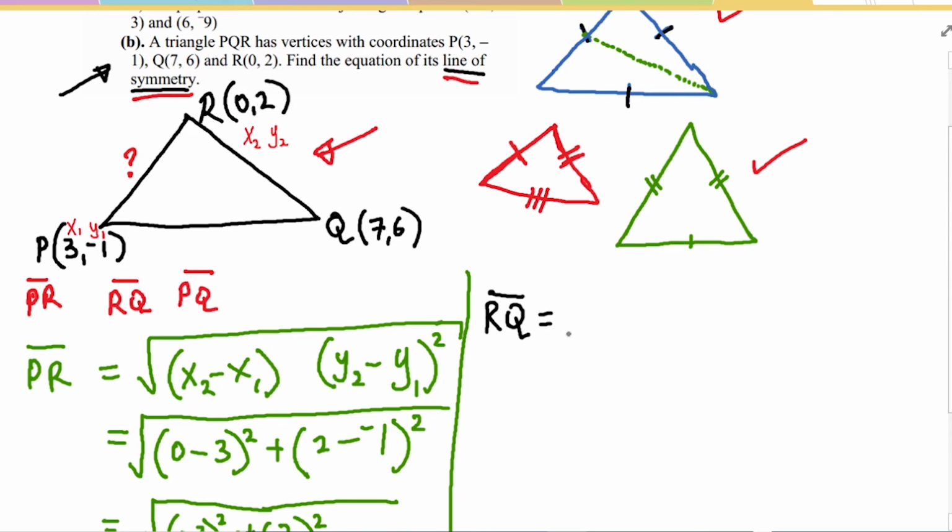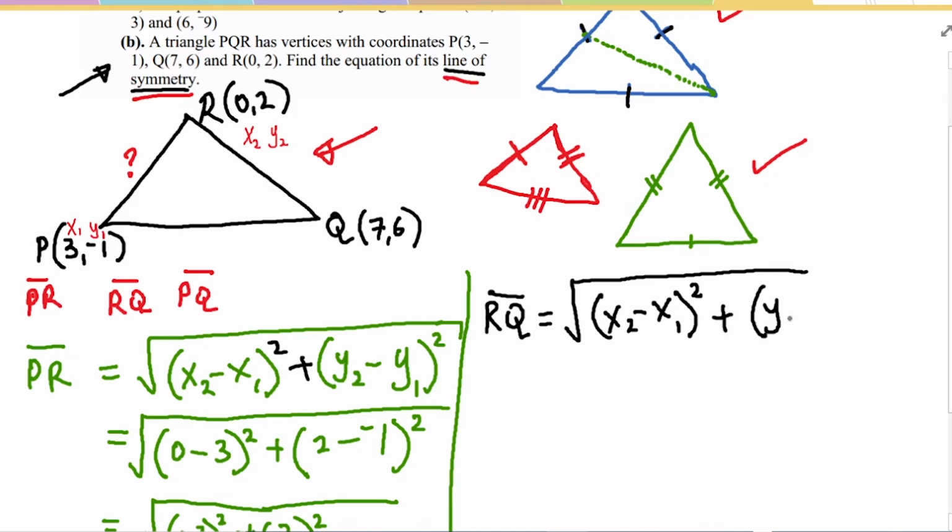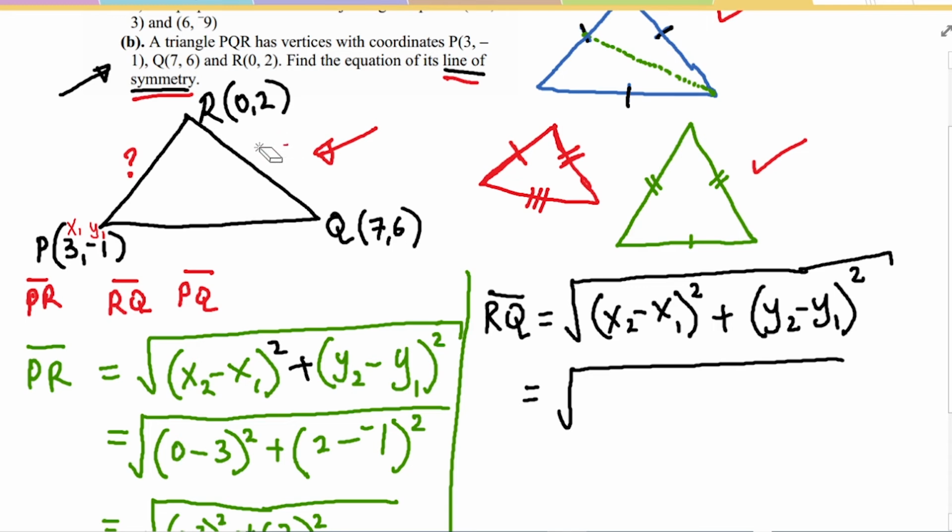So RQ, we are going to say it's the square root of (x2 minus x1) squared plus (y2 minus y1) squared, like that. Now what is our x2? We are looking at RQ, so let's say R is x1, y1 and this is x2, y2.